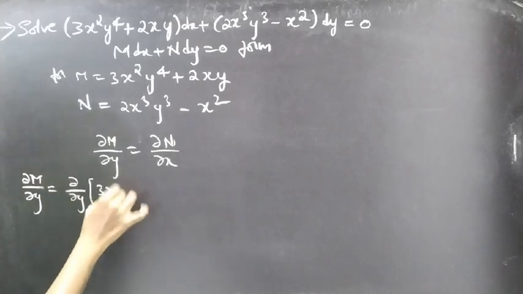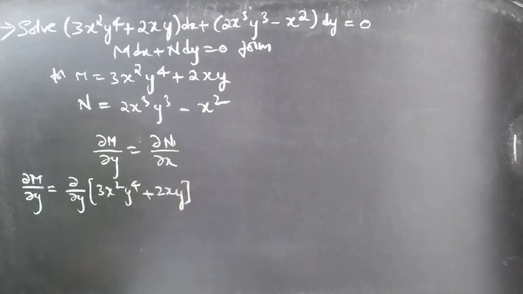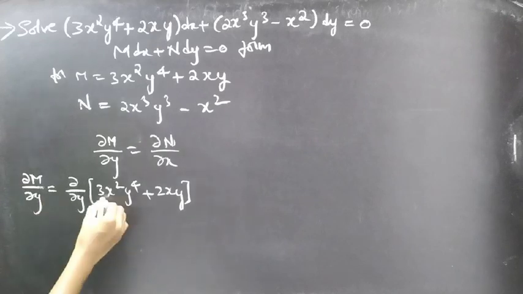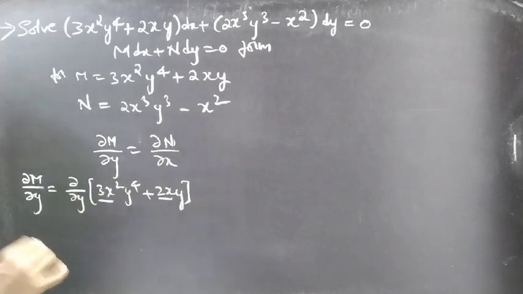We have M = 3x²y⁴ + 2xy, right? So here we need to find the partial derivative with respect to y. So we'll treat x as constant. So here in the first term 3x² is constant, and in the second term 2x is constant.